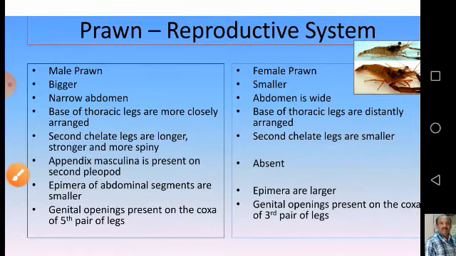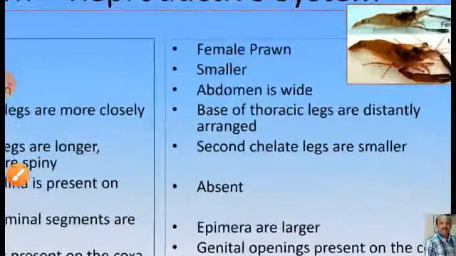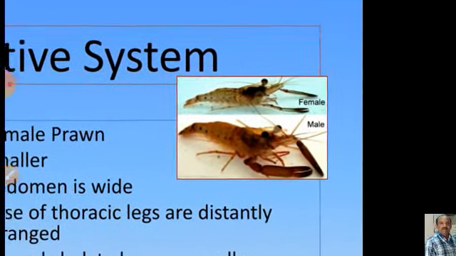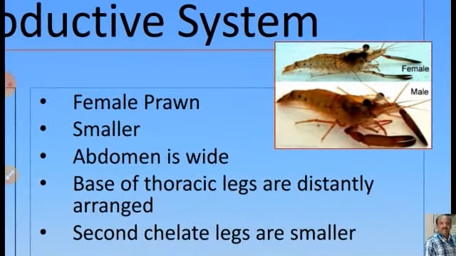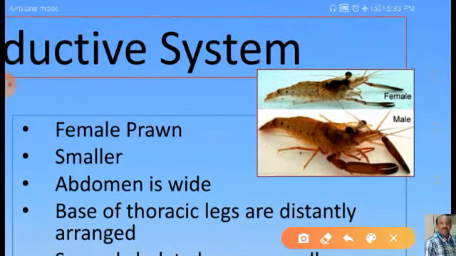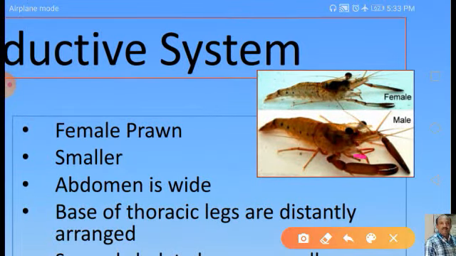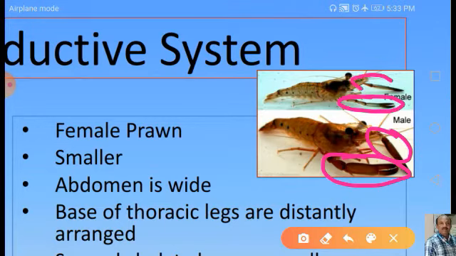So let us see what is the second chelate leg. See, this is the second chelate leg. Now you can see here, the second chelate leg of female is somewhat feeble, that is not stronger, whereas the second chelate leg of male looks stronger.